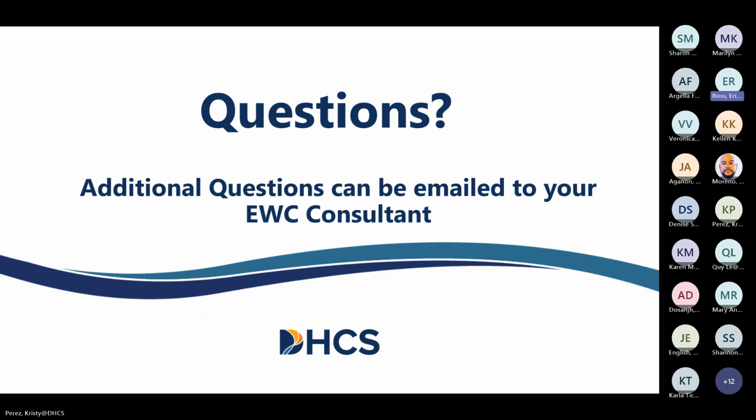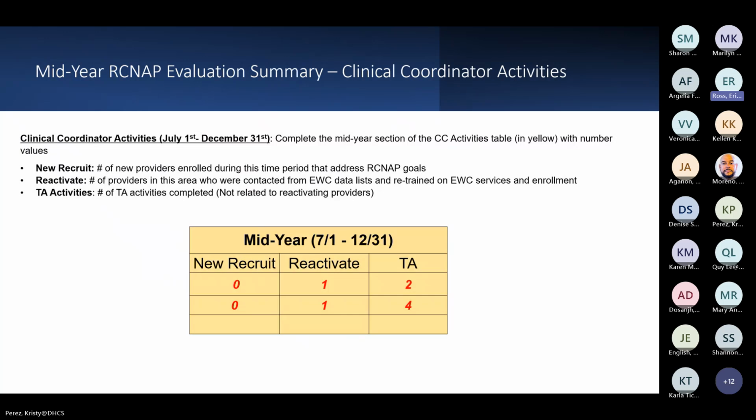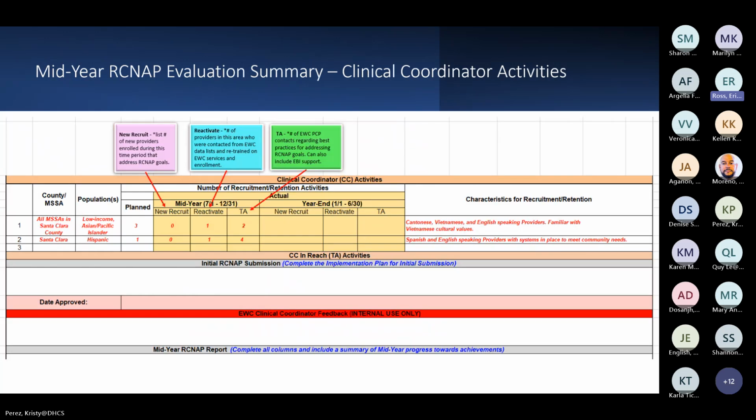Can we go back up to the clinical coordinator template, the table there? So if I don't have any new recruits and I've not reactivated anyone, would my TA column be 0? So TA is separate from new recruit and reactivate. So the TA is regarding all of my clinics and any interactions that I've had with my clinics.